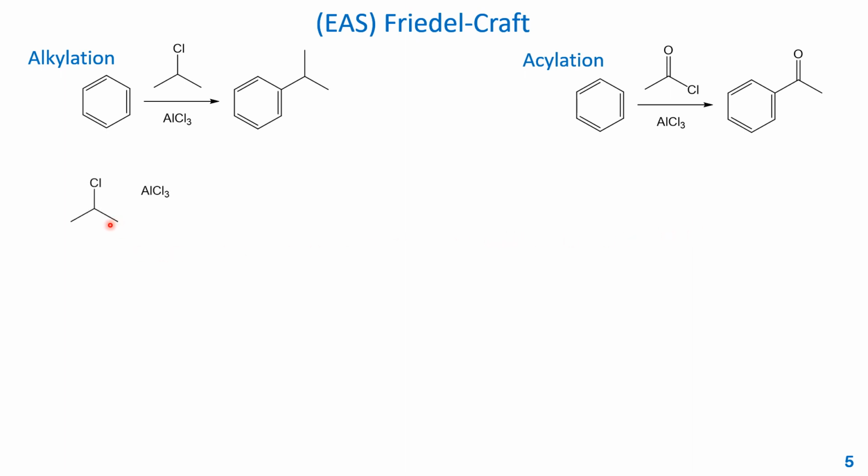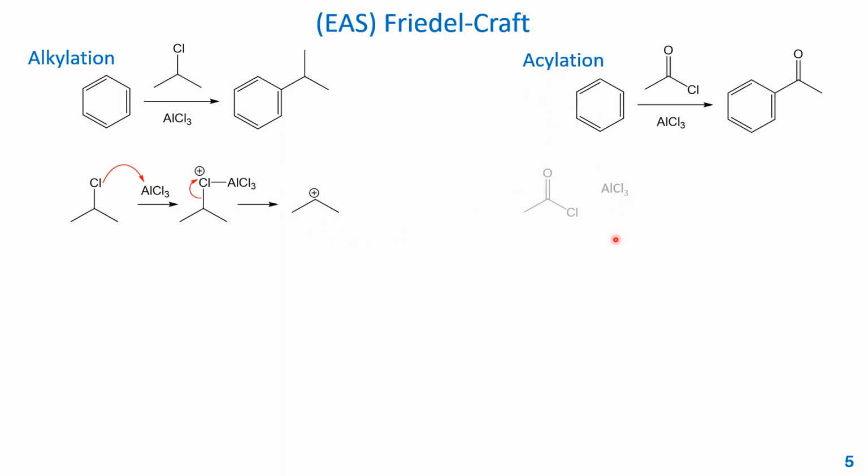For the alkylation, this example is isopropyl chloride reacting with aluminum chloride. The chlorine's lone pair attacks the aluminum, forming a complex, then the carbon-chlorine bond just dissociates, and then forms the real electrophile, which is a carbocation.